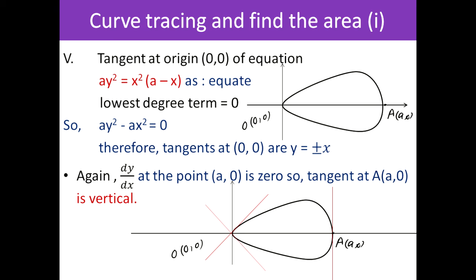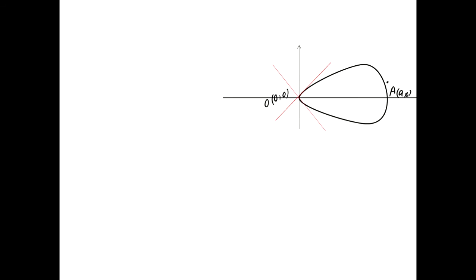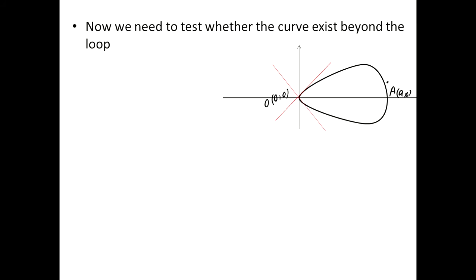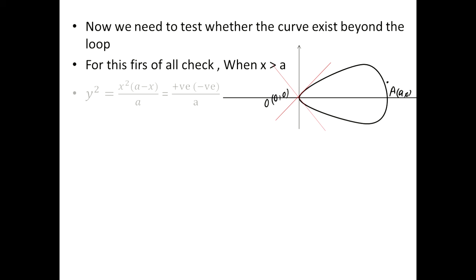We have three tangents, so the nature of the curve is determined by the tangents. Also, it is not complete. To complete the curve, we need to test whether the curve exists beyond the loop. First of all, we check when x is greater than a.